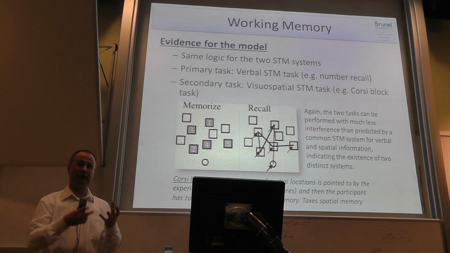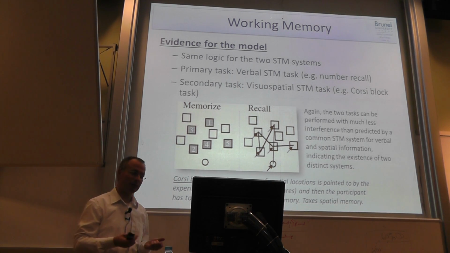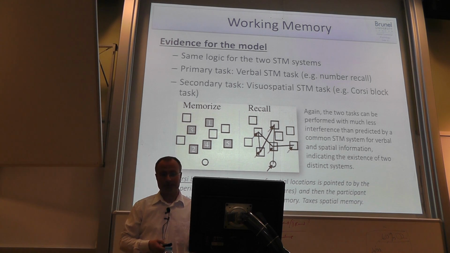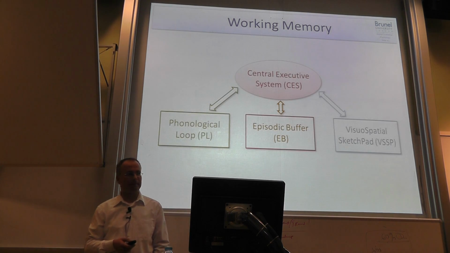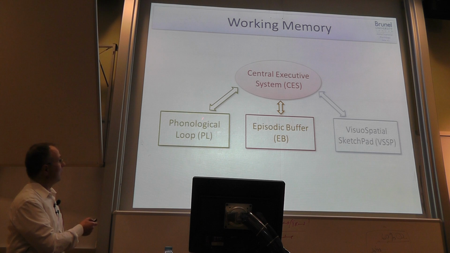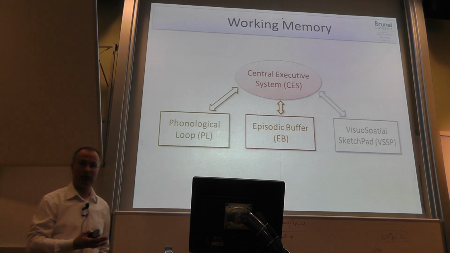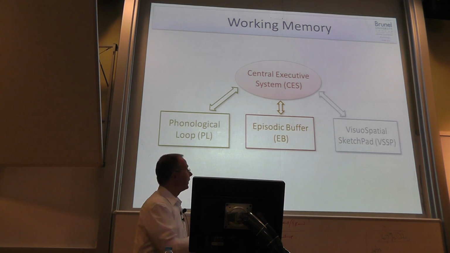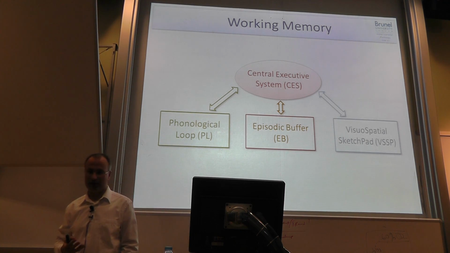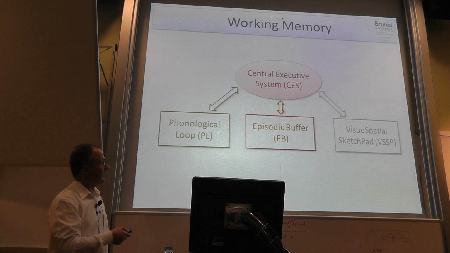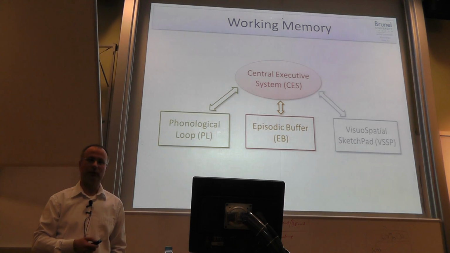So they found good evidence for these distinct systems. There's not that much research so far on the episodic buffer. I'm sure Baddeley has also done something on that, to say that this is an independent system as well.